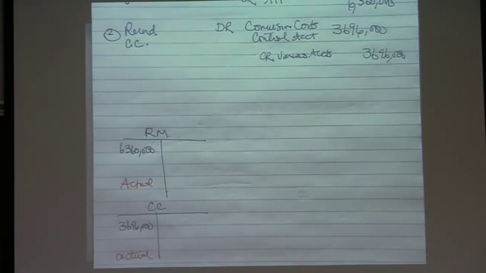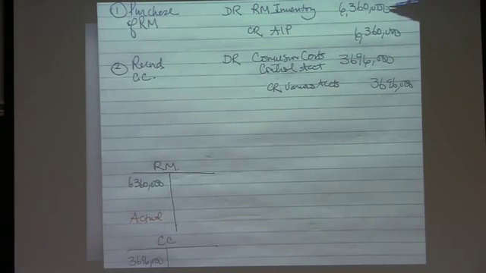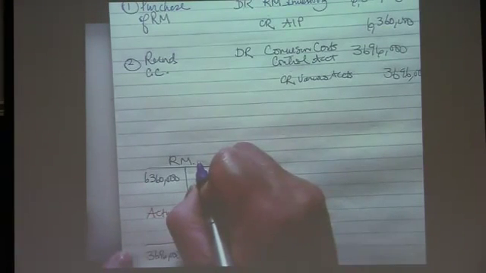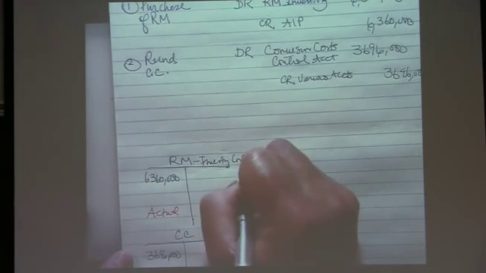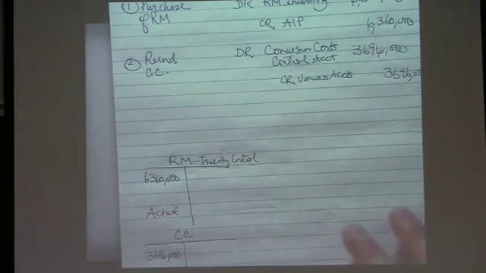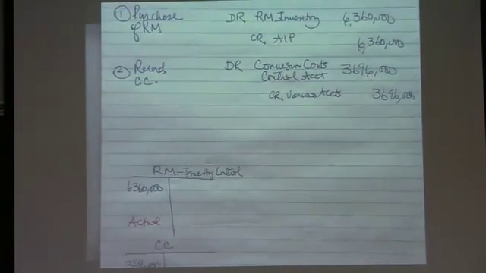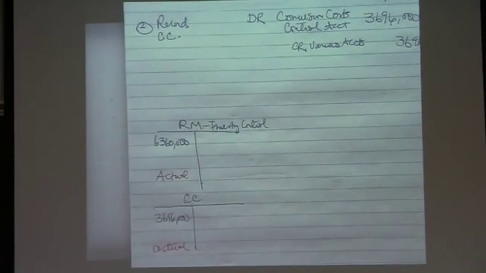The 6360 is debited, always on the left hand side, the raw material control account. So this is the raw material inventory control account. The reason why it's called a control account is because there could be multiple different raw materials T accounts, depending on how deep they track their raw materials inventory. And of course we would debit the actuals for conversion as well.